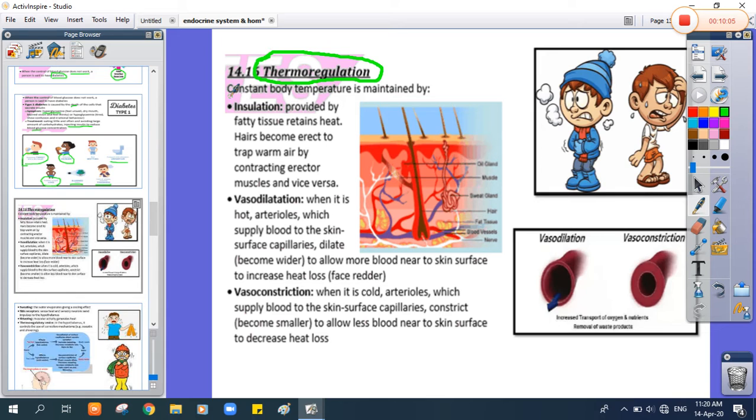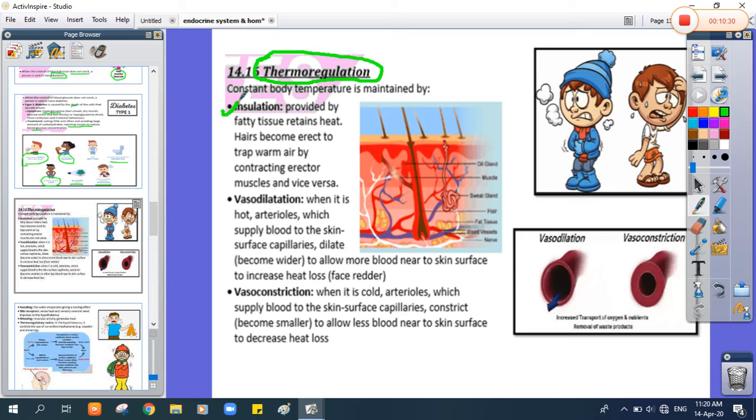How? On cold days, there is a property called insulation. What is insulation? It is a property by which your body is provided with fatty tissue that keeps the heat inside your body and does not let the heat escape from it.